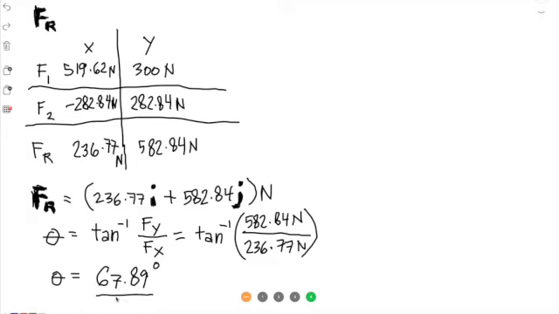So this is our direction angle. Let's find the magnitude of the resultant force, which is equal to the square root of the x component, which is 236.77 newtons, squared, plus the same thing for the y component, 582.84.